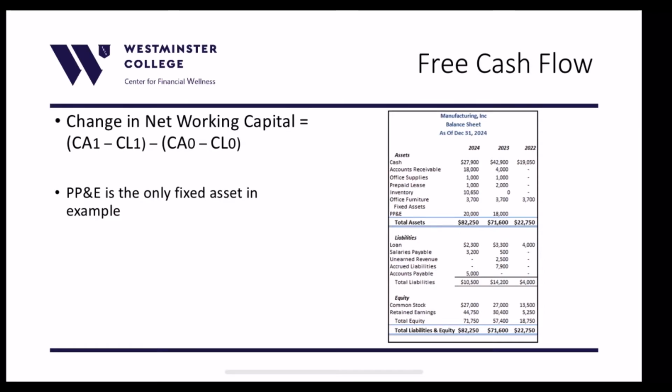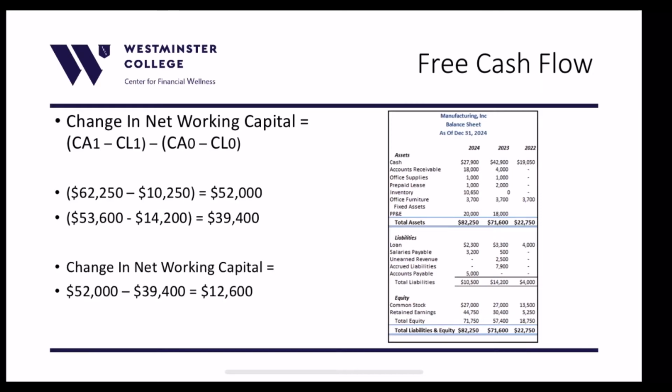And next we'll look at the change in net working capital. And so that's the difference between current assets and current liabilities from the current year and the previous year. And in this example, PP&E is the only fixed asset in the example. And so if you look at Manufacturing Inc.'s balance sheet, you'll see that the difference between current assets and current liabilities in the current year is $52,000.